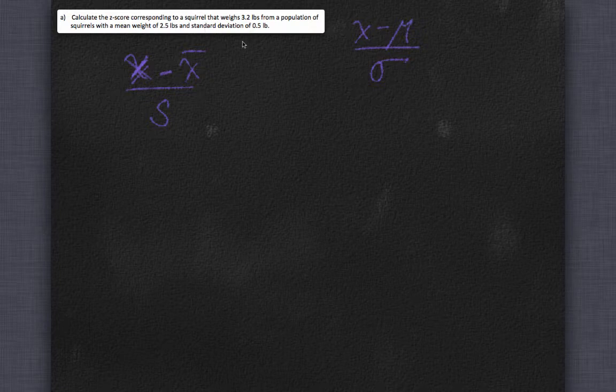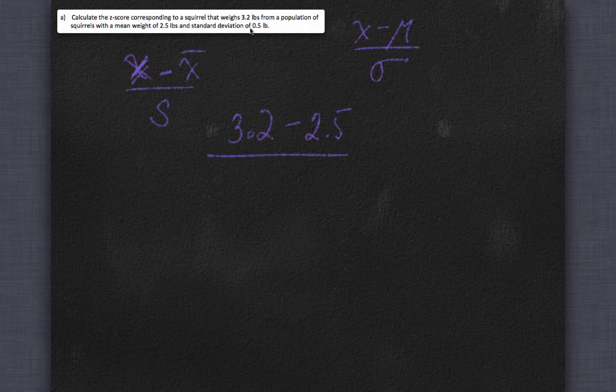So a squirrel that weighs 3.2 pounds, so 3.2 minus, from a population of squirrels with a mean weight of 2.5, that's where the mean goes, and a standard deviation of 0.5. So this is how far am I away from the mean, and then how many standard deviations is that? So we get 0.7 over 0.5. And this is positive because this value was bigger than the mean. If you have a negative z-score, it means you're lower than the mean.